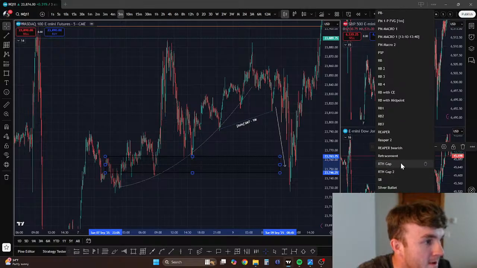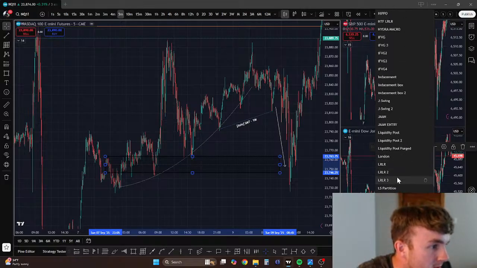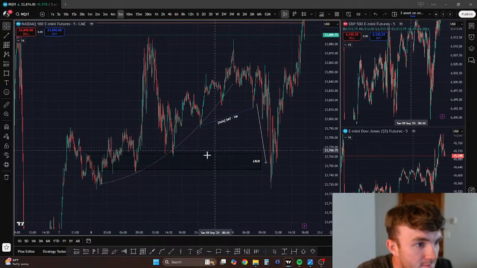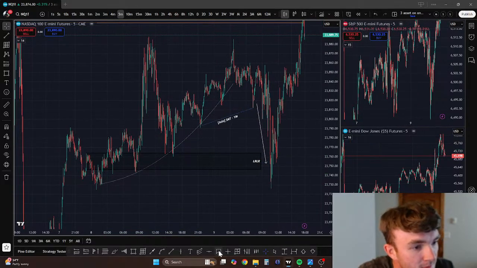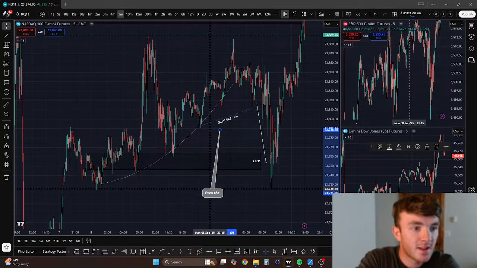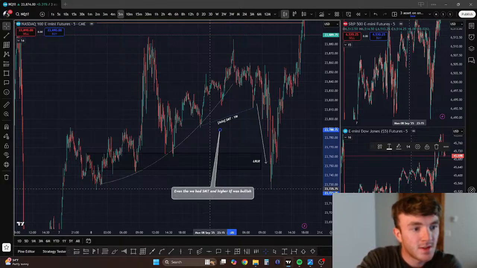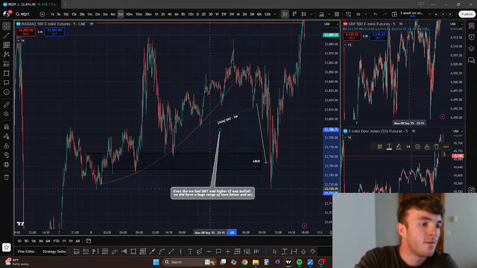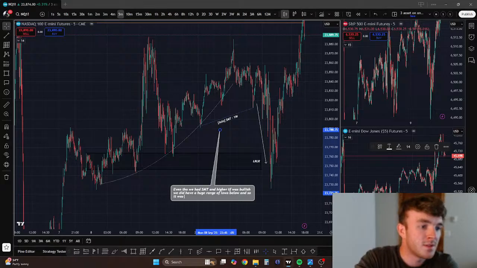Let's mark this out. So even though we had S&T and higher time frame was bullish, we did have a huge range of lows below, and so it was important to go into the market cautious.